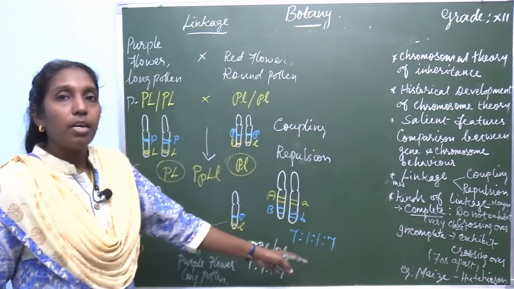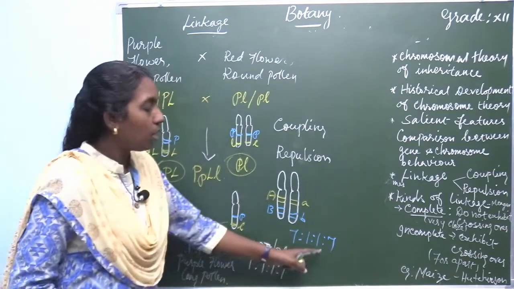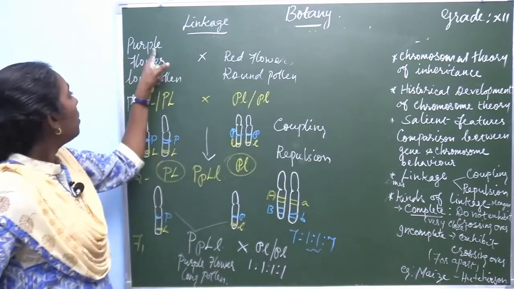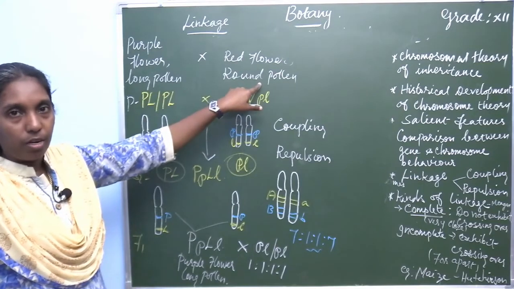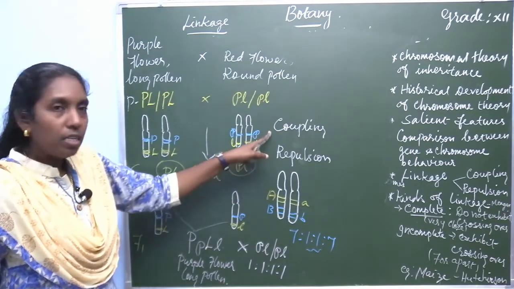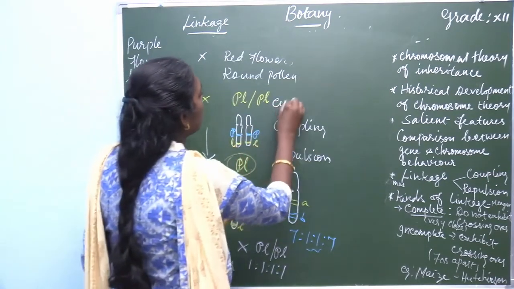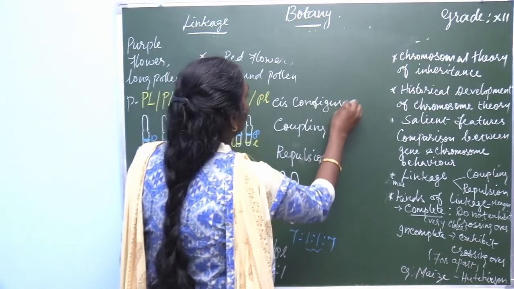So, here the recombinant frequency is very low. These two are recombinant genes, but it increases the parental forms, this purple flower with long pollen or red flower with round pollen. That process is called coupling or cis configuration.